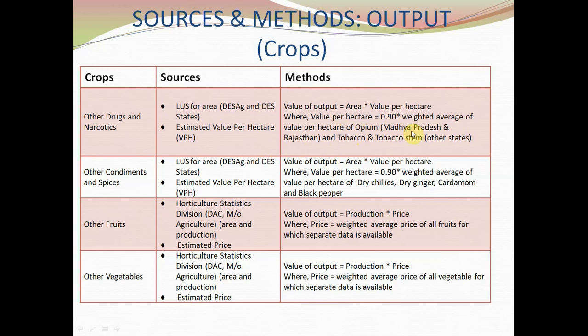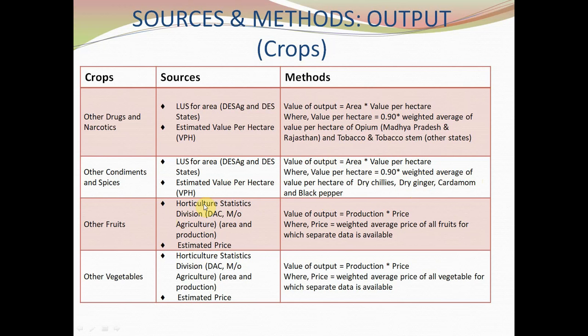Opium is taken for Madhya Pradesh and Rajasthan states only, and tobacco stem for other states. Now, other condiments and spices. Same sources are here for area and estimated value. Estimated value per hectare is taken as 90% of weighted average of value per hectare of dry chilies, dry ginger, cardamom and black pepper.